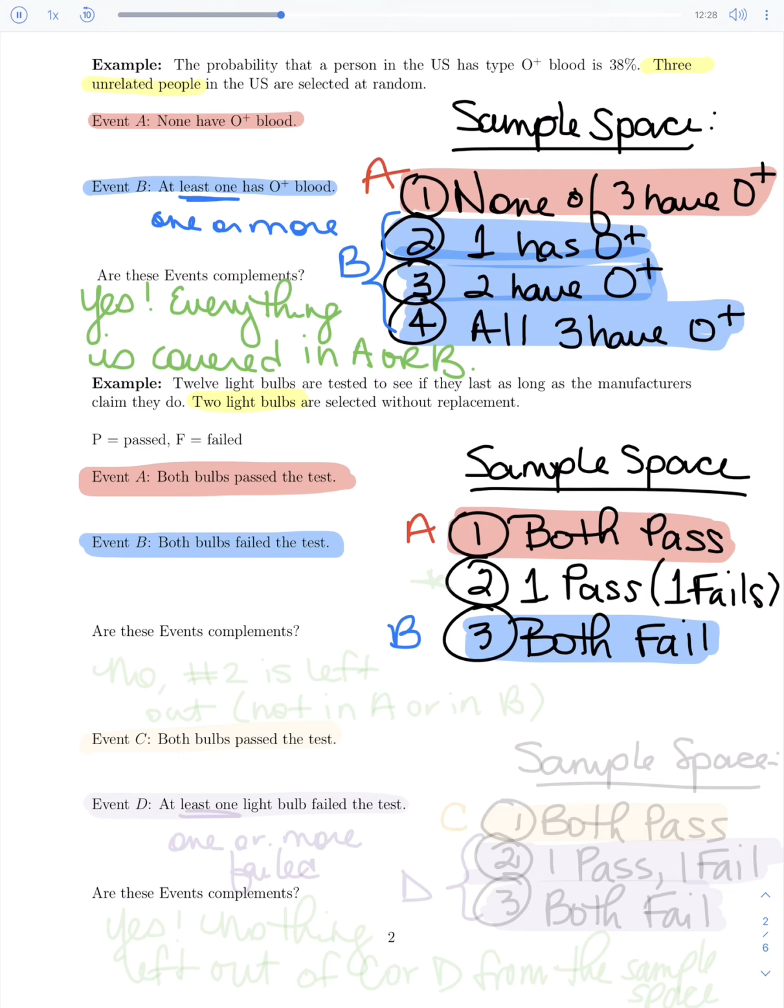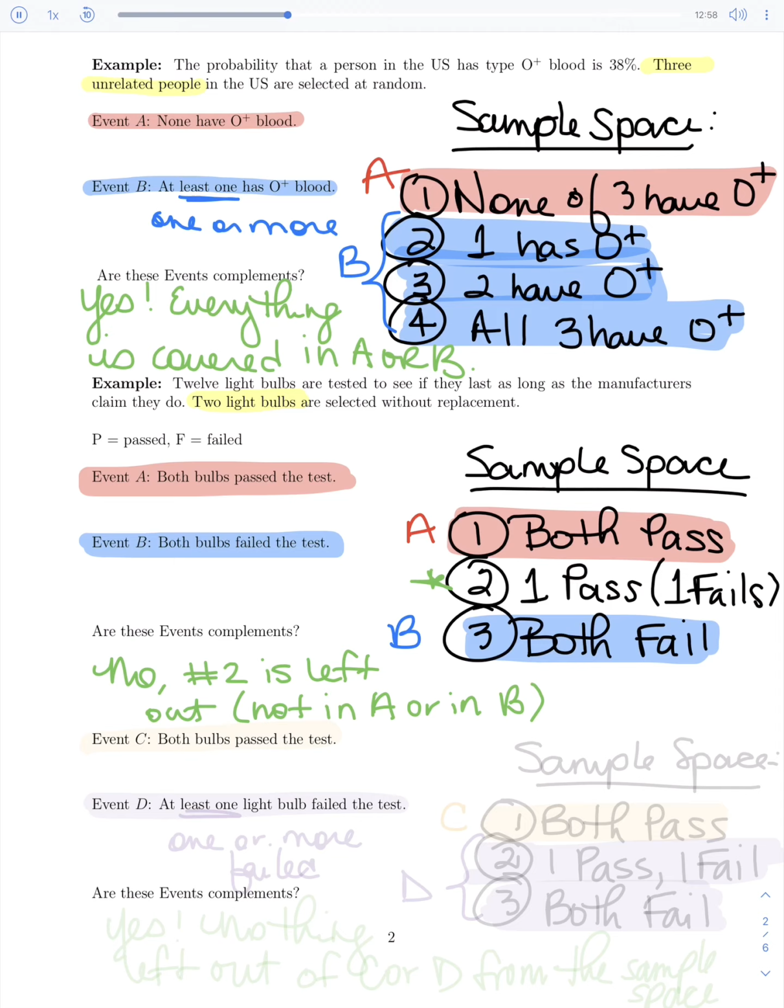And the answer is no. Why is it no? Is because the option of having 1 pass and 1 fail here, number 2, is not included in A or B. Number 2 is left out. It's not in A or in B. So they can't be complements or opposites because there are things left out.